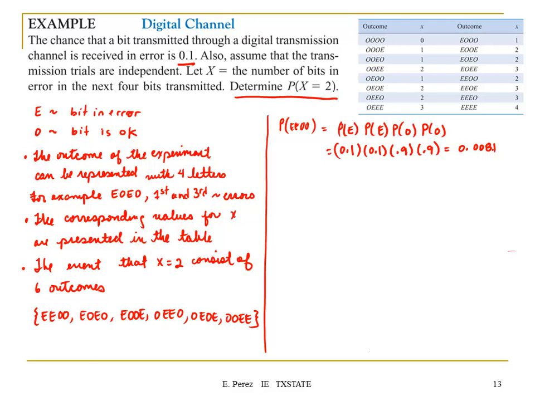So the probability of X equals 2 will be the summation of those 6 outcomes: 0.0081 plus 0.0081 plus 0.0081, and so on, and that is equal to 0.0486.